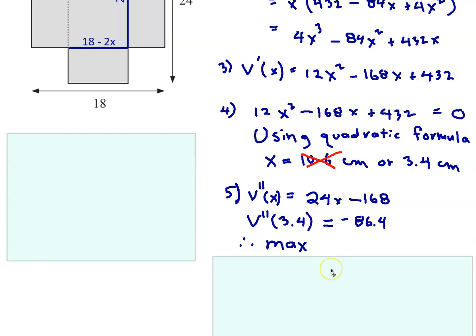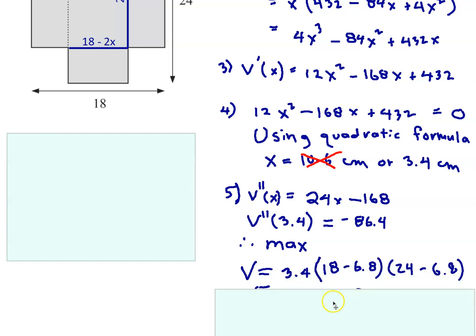That means we have actually found a maximum volume, which is what we were trying to find. And the actual volume, if you plug that number back into the original volume formula, the volume of that open box is, to the nearest cubic centimeter, 655 cubic centimeters.